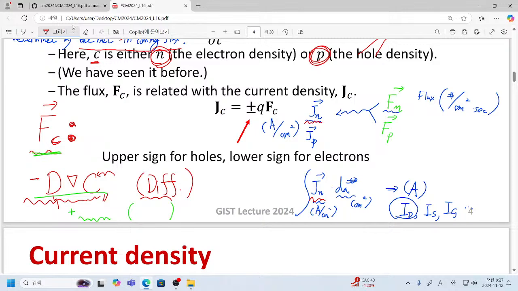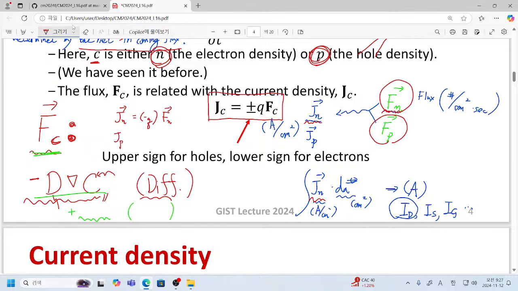Current density is closely related to the electron flux and hole flux. Their relation is simply given in this form, linearly proportional. So Jn, the electron current density, is simply given as minus Q times the electron flux, because here minus Q represents the charge carried by an electron.